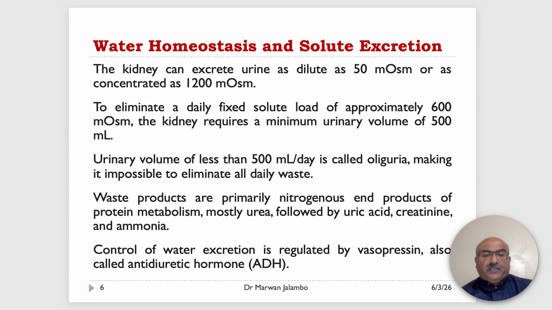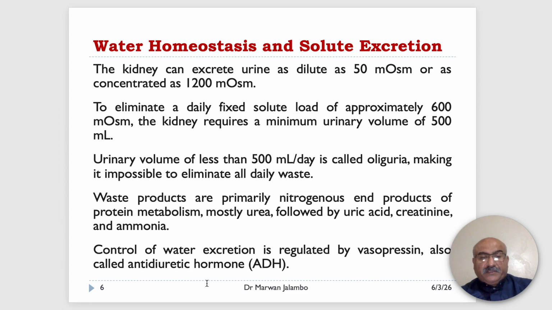If a patient produces less than 500 ml daily, a condition known as oliguria, then the waste inevitably builds up.